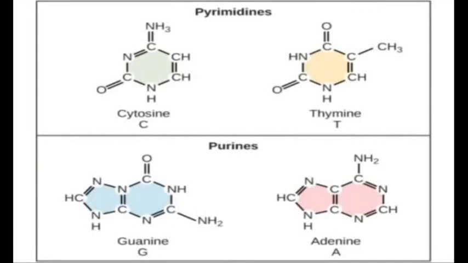The nitrogen atoms linked to the carbon 4 of cytosine and the carbon 6 of adenine are in the amino or NH2 configuration. The oxygen atoms linked to the carbon 6 of guanine and the carbon 4 of thymine are in the keto or C double bond O configuration.